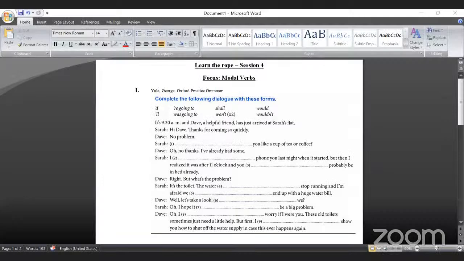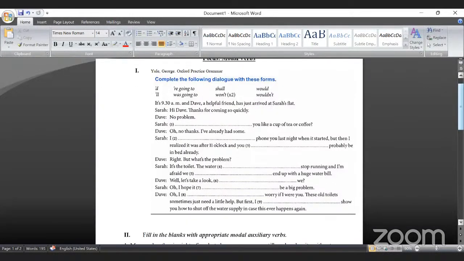Now I'll share my screen with you. Let's do a quick exercise. They're very simple ones, but this is all that you need to know with respect to modal verbs for this term. Nothing more than this. This is from George Yule's Oxford Practice Grammar. You can find this book online if you want, and practice more with this. But let's do this one. This is a conversation involving some of the modal verbs that you see in the topmost column there.